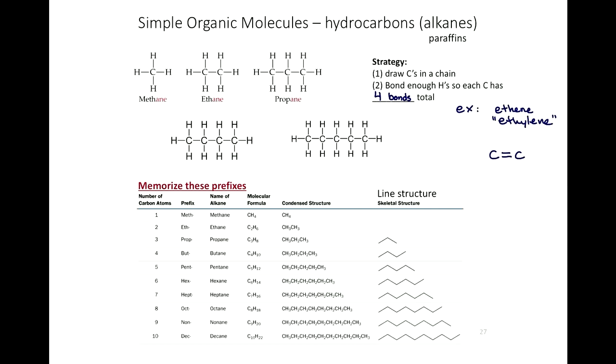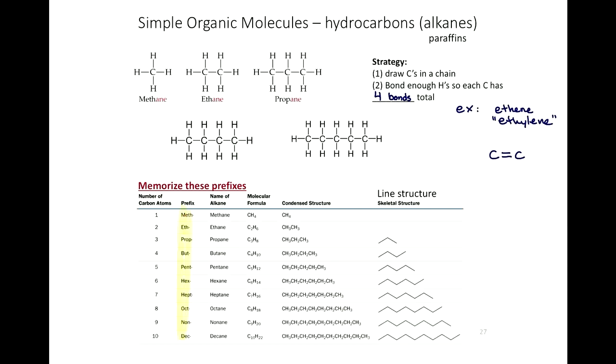And so the rule is carbon always will form 4 bonds total. And so if you know how many carbons you have in a chain, you can connect the correct number of hydrogen atoms to ensure that there's always 4 bonds, so you can figure out what the formula is for any hydrocarbon. Right? So what I want you to know are these prefixes.